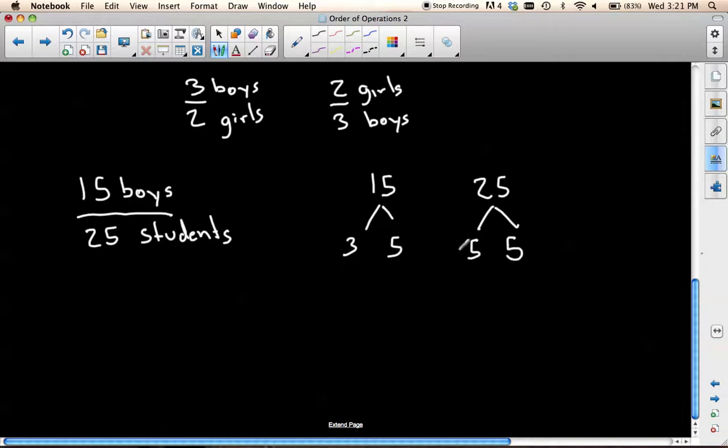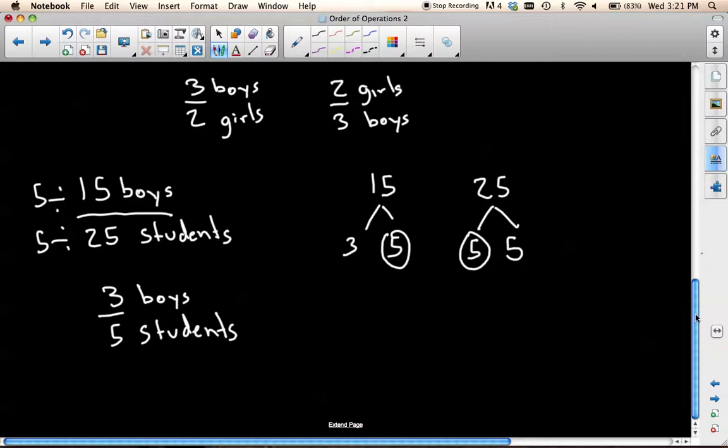My greatest common divisor is 5. Whatever I do to the numerator, I have to do to the denominator. 15 divided by 5 is 3, and 25 divided by 5 is 5, so I have 3 boys for every 5 students.